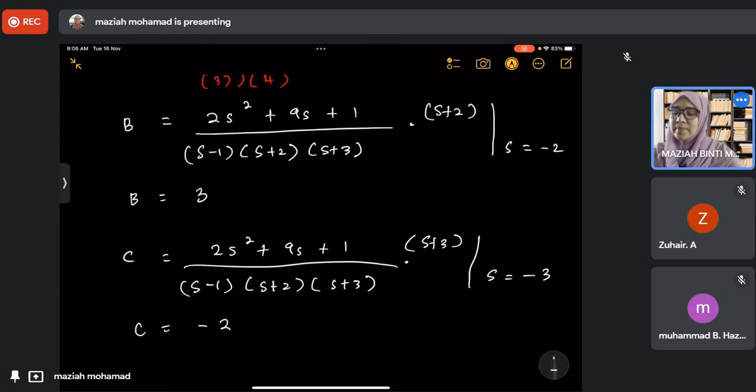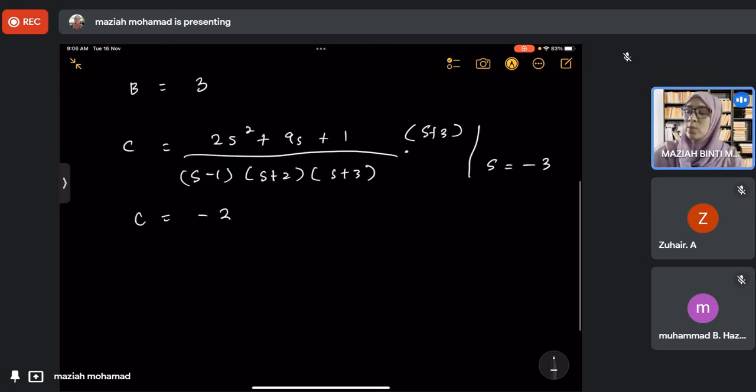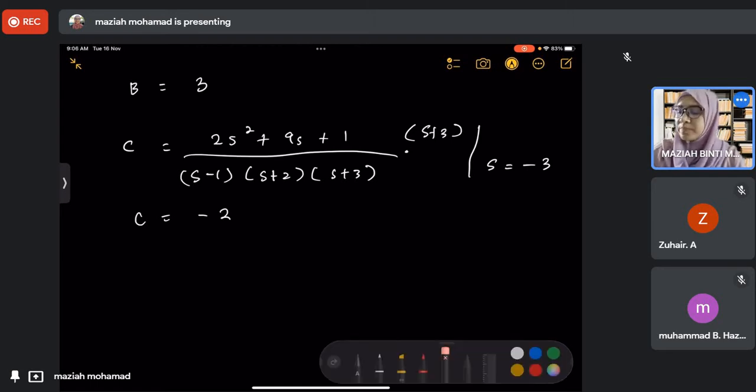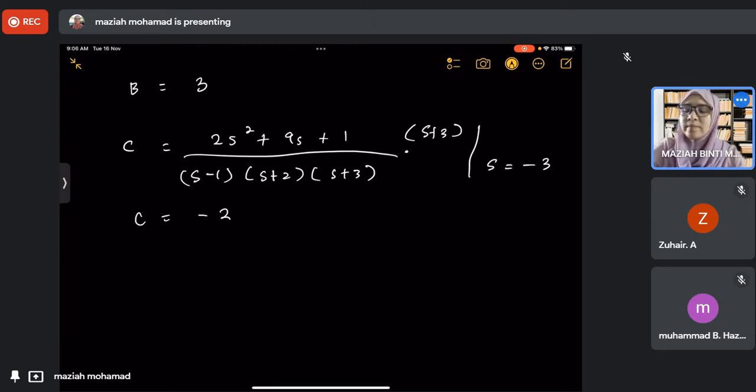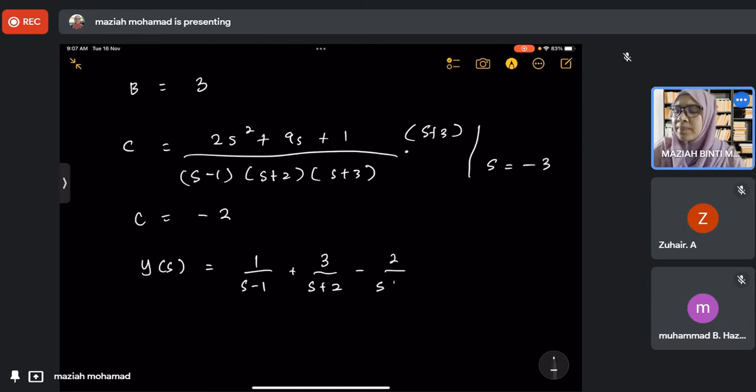Okay, so tak ada. So meaning we write the equation. So Y(s) is equal to 1 over s minus 1 plus 3 over s plus 2 minus 2 over s plus 3.